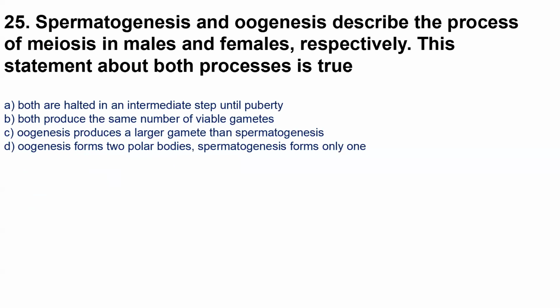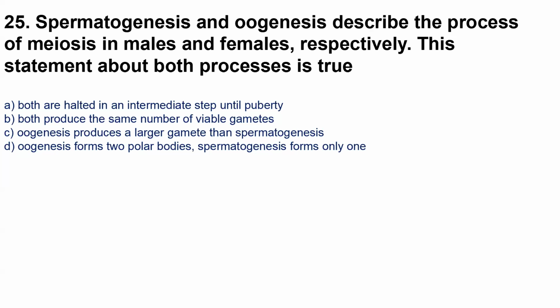Question 25. Spermatogenesis and oogenesis describe the process of meiosis in males and females respectively. Which statement about both processes is true? A. Both are halted in an intermediate step until puberty. B. Both produce the same number of viable gametes.